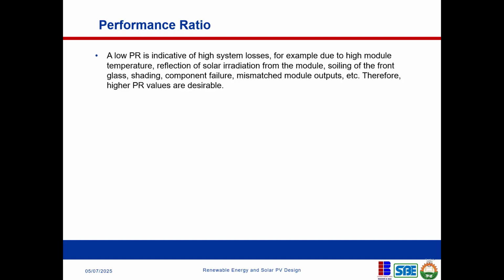A low performance ratio is indicative of high system losses, for example, due to high module temperature, reflection of the solar irradiation from the modules, soiling of the front glass, shading. It could also be a component failure. So there could be so many factors that will reduce your performance ratio.